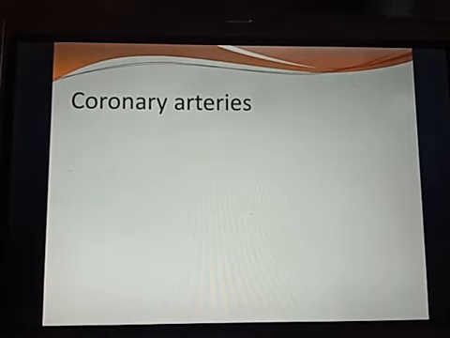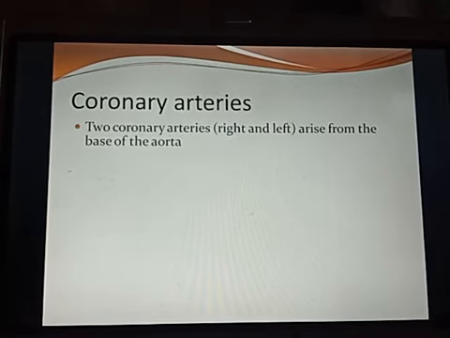Now the coronary arteries. Already I have given you the introduction about the coronary arteries, the arteries which supply blood to the heart. There are two coronary arteries, the left coronary artery and right coronary artery, that arise from the base of the aorta. We all know that the aorta carries oxygenated blood.